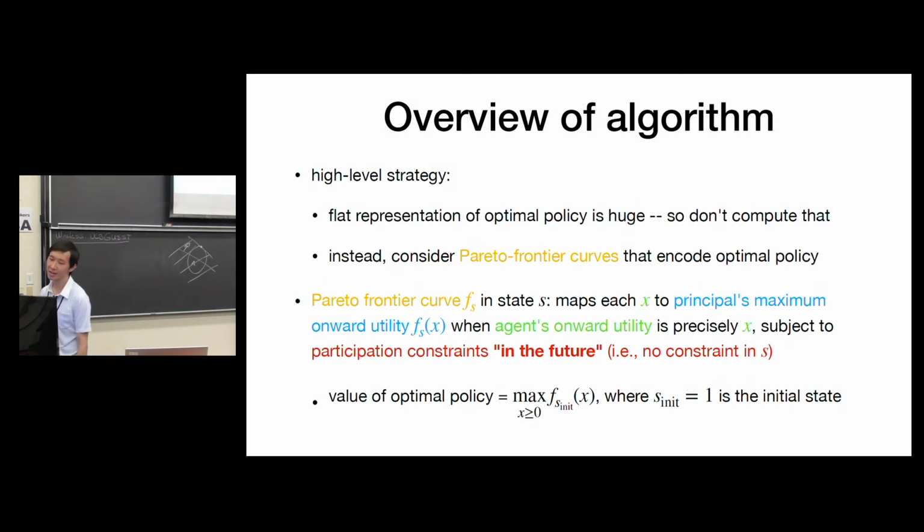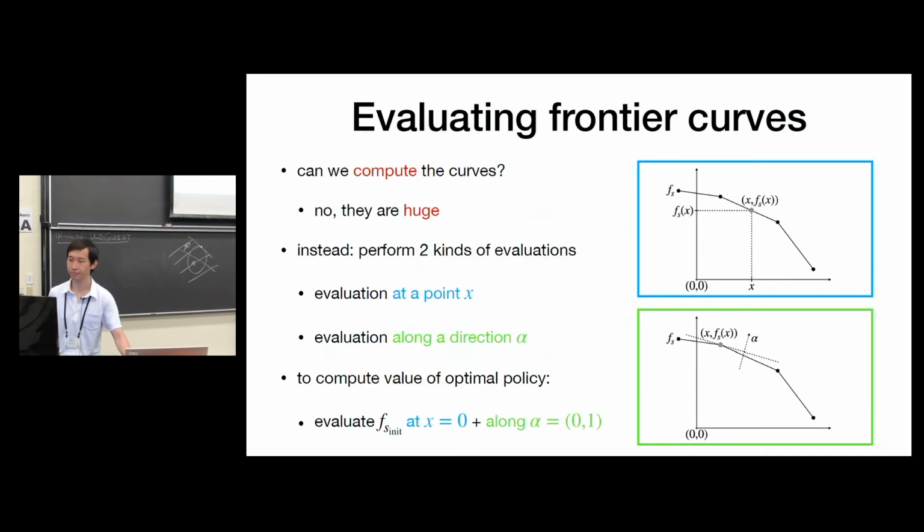And one tricky thing here is we define these curves such that the constraints only apply in the future. They don't apply in the state s, the current state. So if we have these curves, then it's quite easy to find the value of the optimal policy, right? We just maximize this function in the initial state, and whatever we get is the best value for the principal.